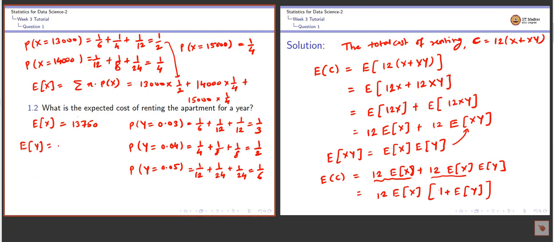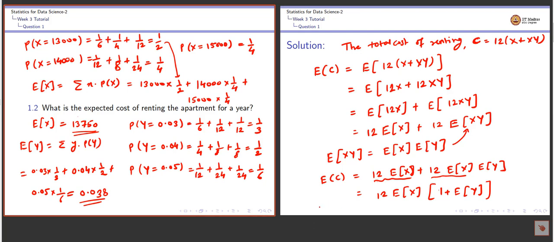Now, the expectation of y is the summation of y into the probability of y. So it is 0.03 into 1 by 3 plus 0.04 into 1 by 2 plus 0.05 into 1 by 6. This value comes out to be 0.038. So the expectation of x is 13,750 and the expectation of y is 0.038.